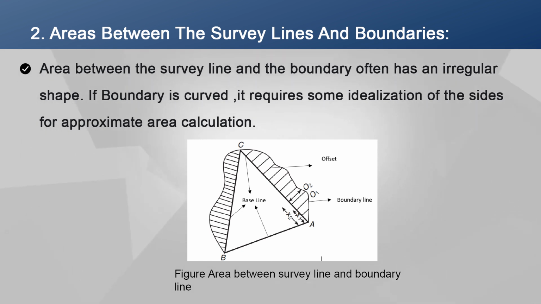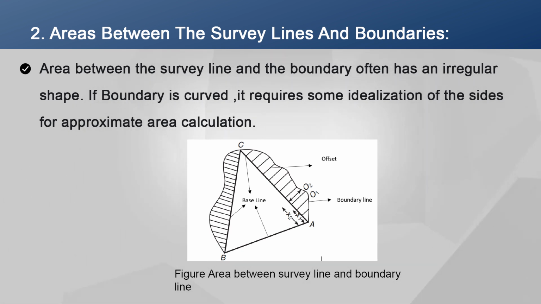In general, the boundary has an irregular shape, so it will require some kind of idealization of the sides for approximate area calculation, because if we go for exact area calculation, it will be computationally tedious and time consuming.